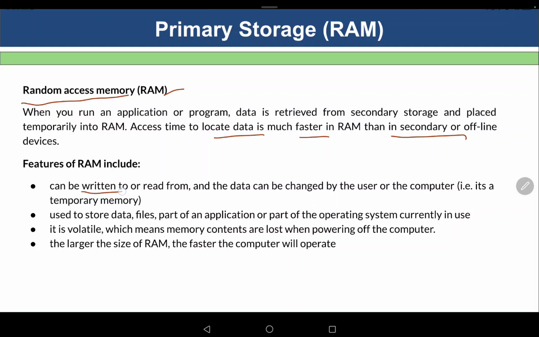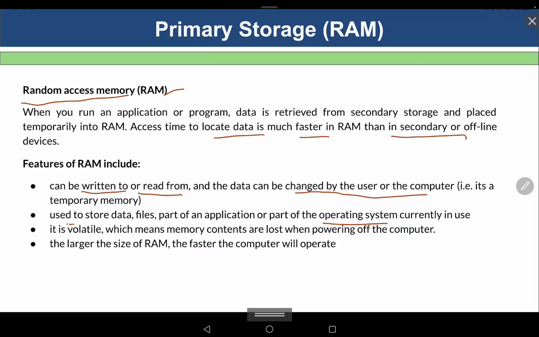It can be written to or read from, meaning that data can be stored and then data can be taken from the storage. Data can be changed by the user or the computer. It is used to store data files and part of an application or part of the operating system currently in use.